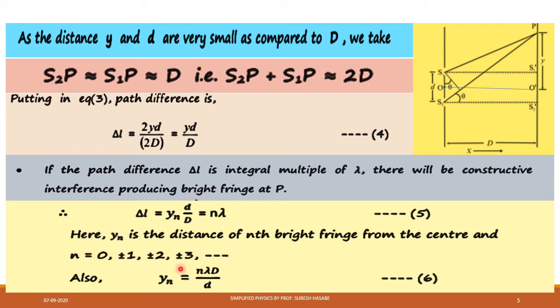Therefore, if we simplify this equation, we can write Yn is equal to n lambda capital D upon small d. We can find the distance of the nth bright band by using this equation. Yn is equal to n lambda capital D upon small d. That is equation number 6, that you have to remember.